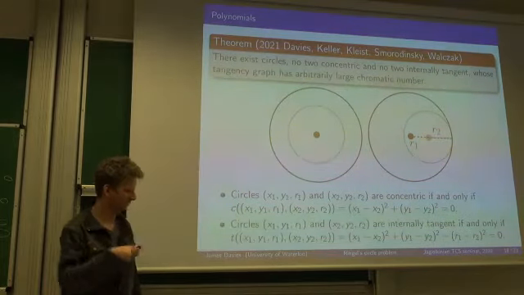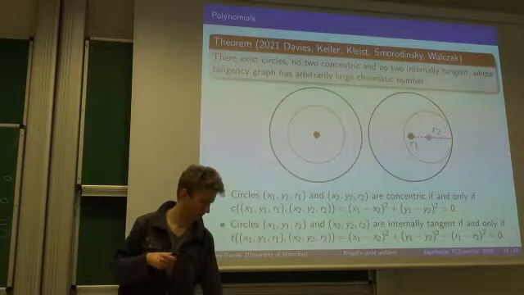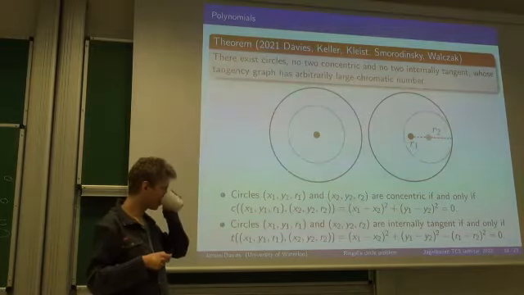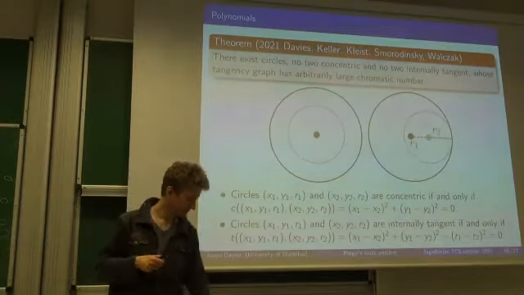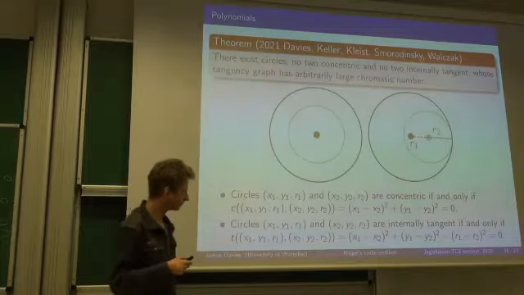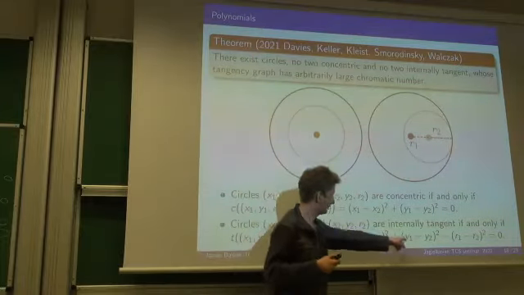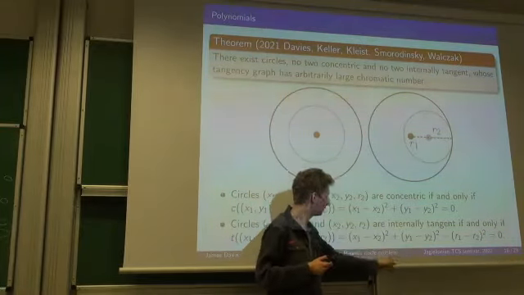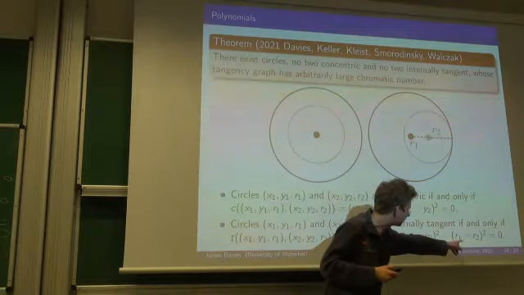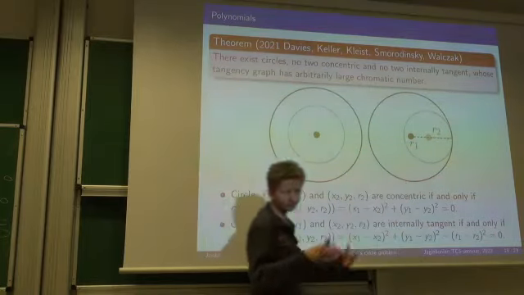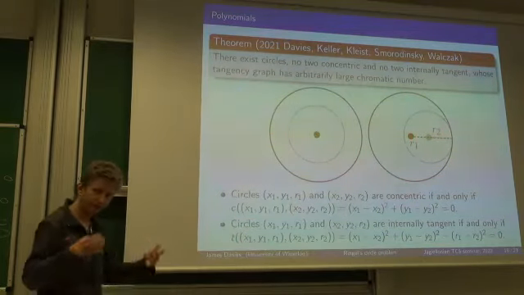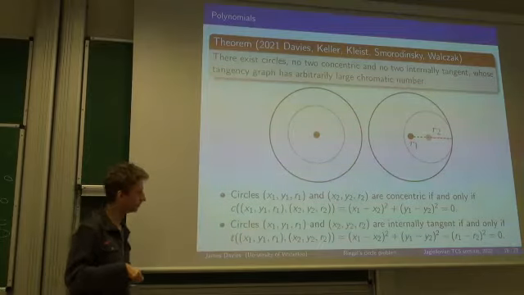And you can do the same kind of thing for internally tangent. Here, these 2 bits are the distance between the centers essentially, and then this r1 minus r2 bit squared, which is just for the difference in the radius.